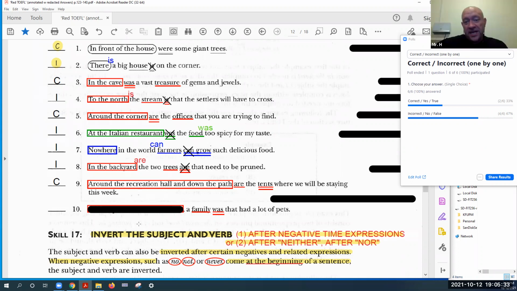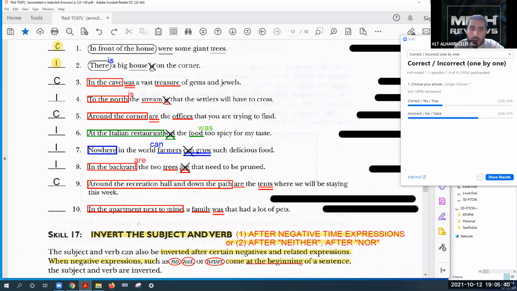And if the expression is necessary, what's the rule? We put the verb first. Exactly. So tell us it in the correct way. The apartment next to mine was a family that had a lot of pets. There you go.